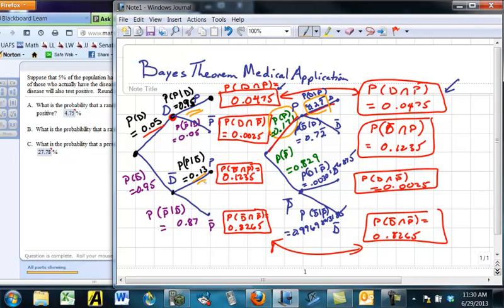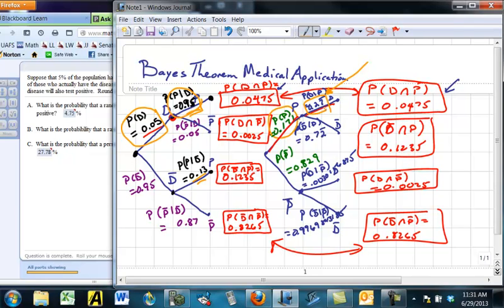But because the population that actually has the disease is so low, only 5 people out of every 100, it turns out that this probability right here, the probability that you have the disease if you test positive, is only about 27%. It seems very low. This looks like it's 95% good on our test, and yet only 27-28% of them actually have the disease if they test positive.